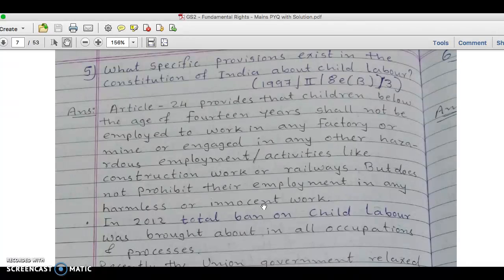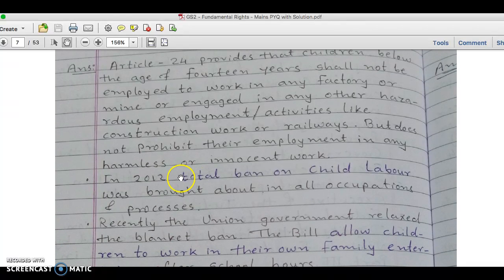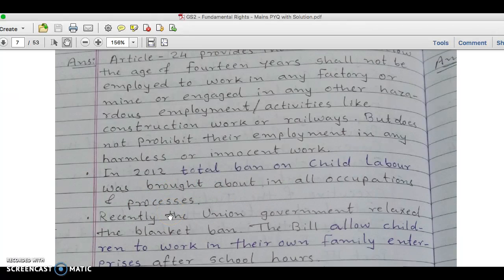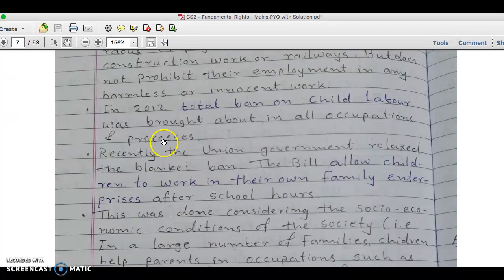For example, children can work in movies, children can work in some business, their dad's business, or they can help their mom, or help their relative in their family business. In 2012, a total ban on child labor was brought about in all occupations and processes. Recently, the Union government relaxed the blanket ban.